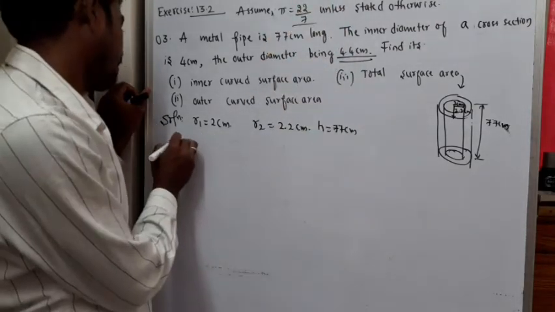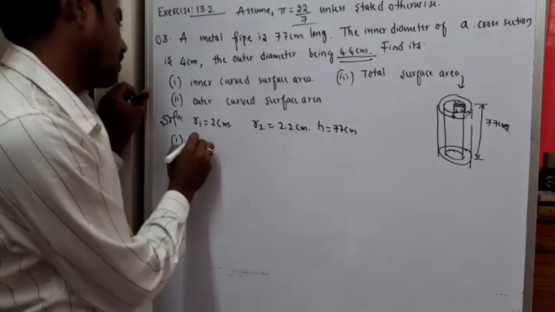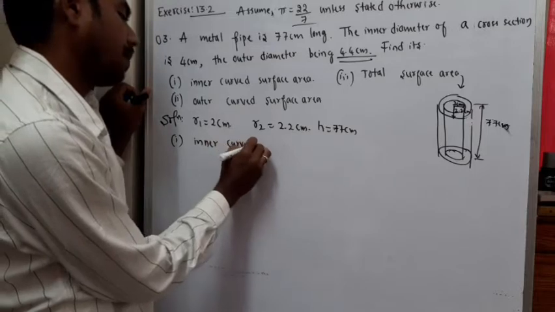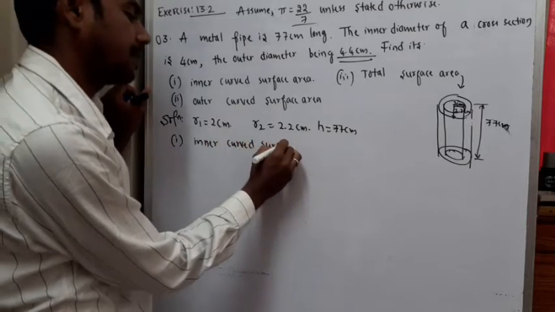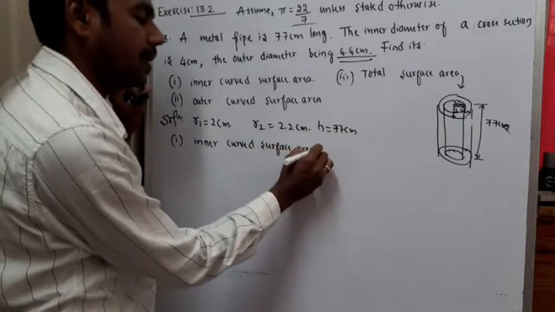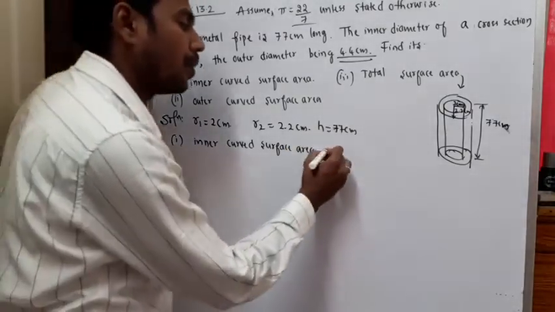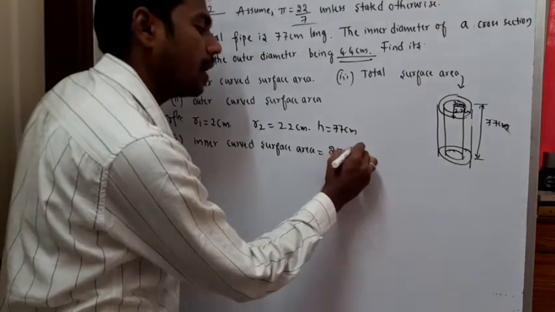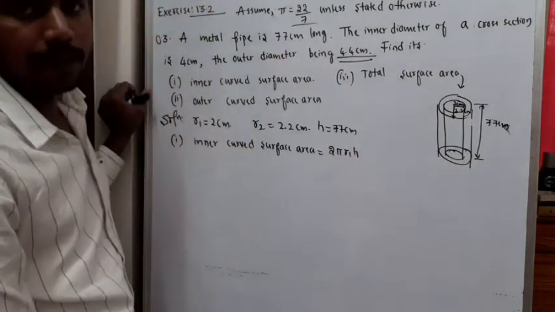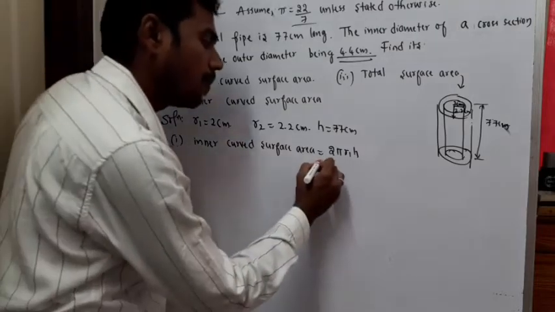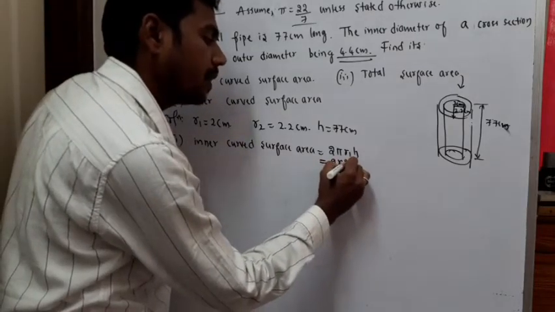So first one, inner curved surface area. Inner curved surface area is equal to 2 pi r1 h. Height remains the same, only thickness varies. So inner curved surface area is equal to 2 into 22/7.